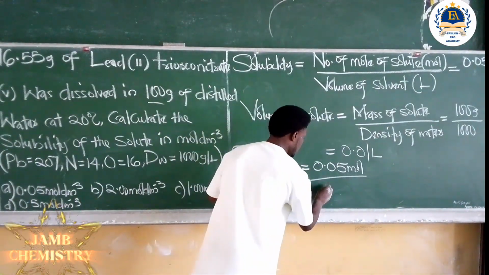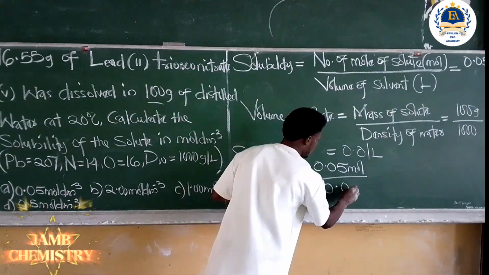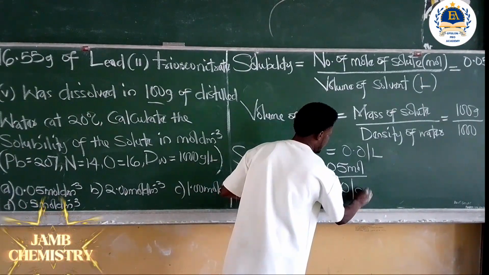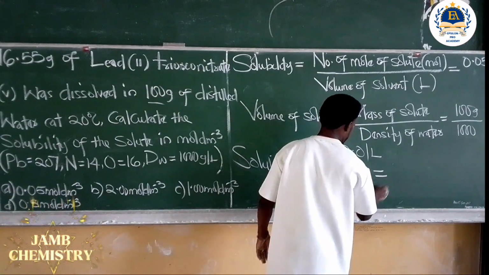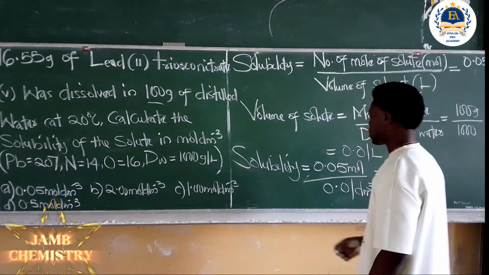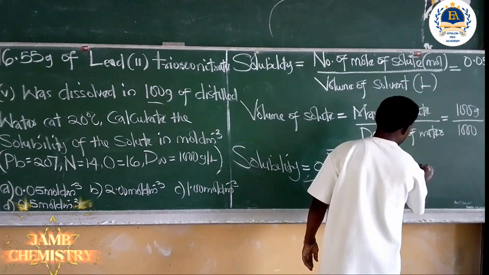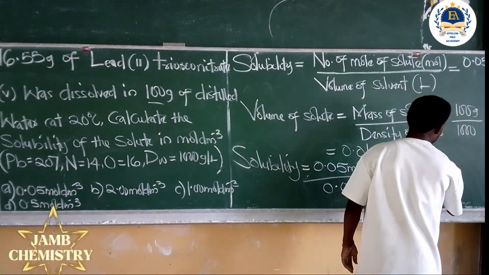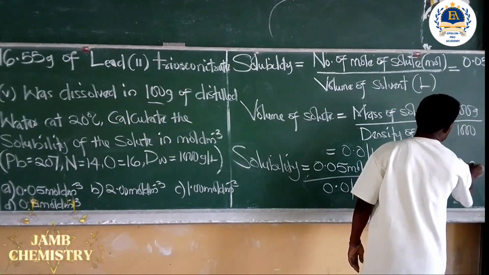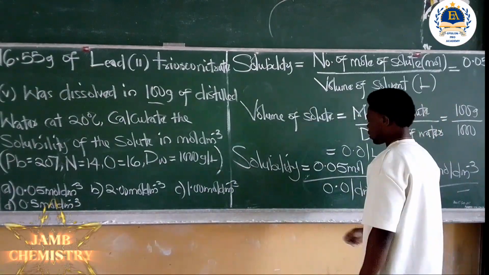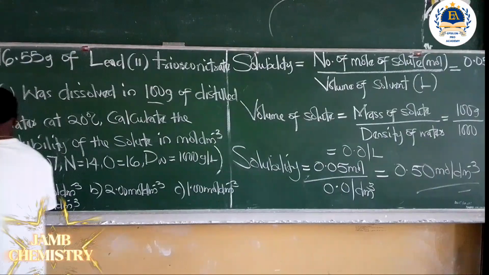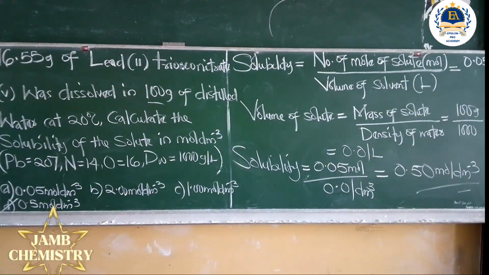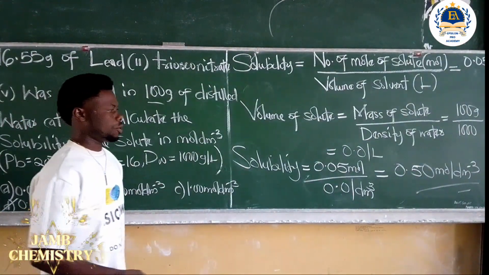The volume of solvent is 0.1 dm cube, or in liter. So 0.05 divided by 0.1 is 0.50 mole per dm cube. So the correct option is option D, 0.5 mole per dm cube.